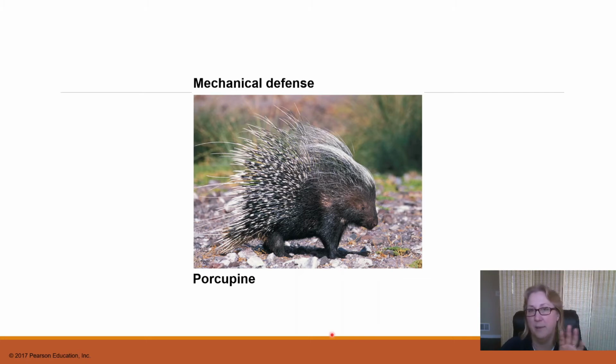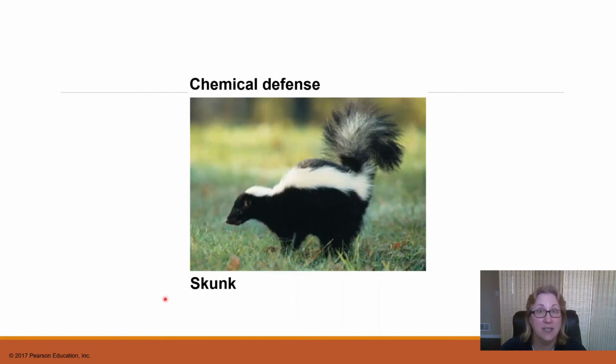And the ends of them have backward pointing barbs, so that if a predator tries to bite them, or your dog, the spines will stick, and they are very hard and very painful to remove. So if a predator bites a porcupine one time, it's not likely to do it a second time.